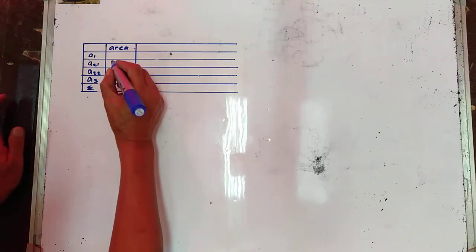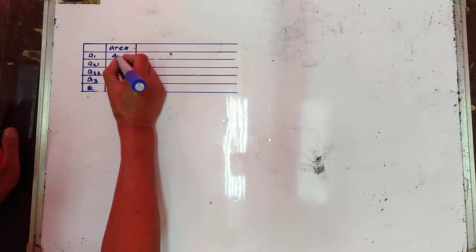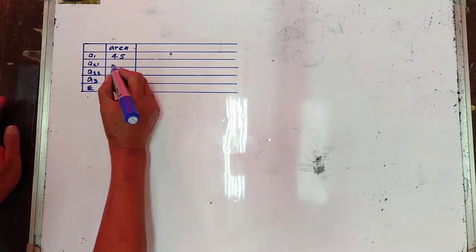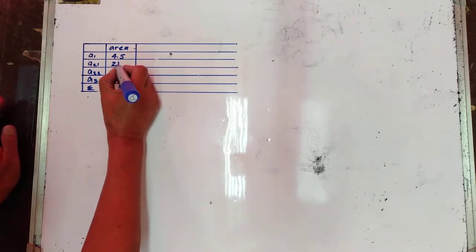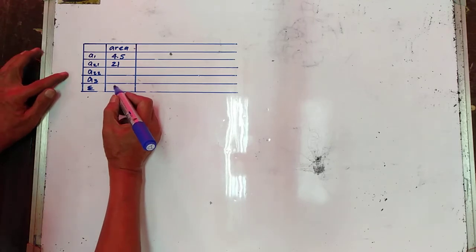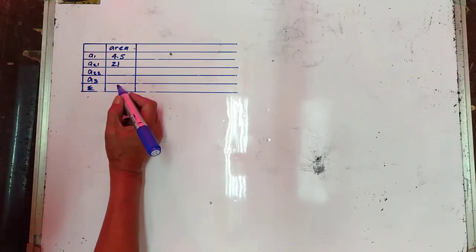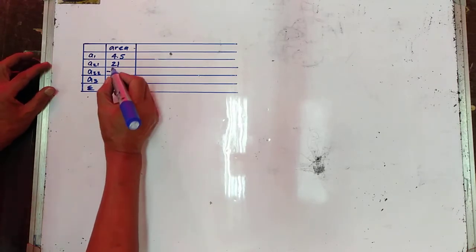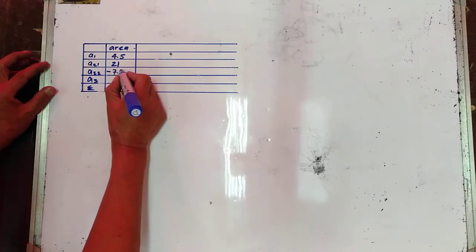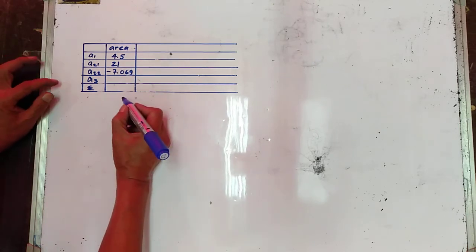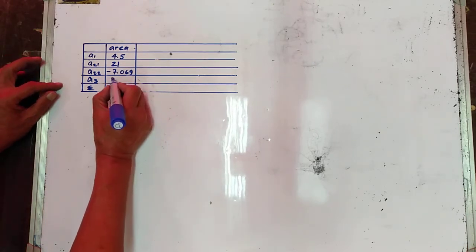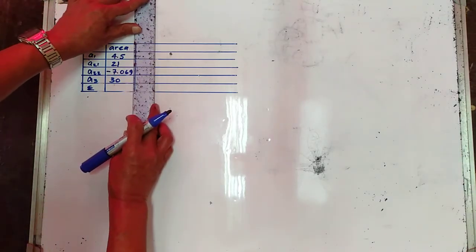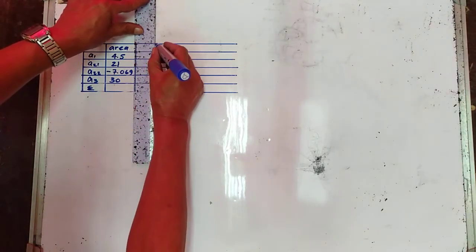For area 1, we have 4.5 square inches. For area 2-1, that is 21 square inches. For area 2-2, the area removed from area 2, that is negative 7.069. And your area 3 is equal to 30. Let's determine now your x.